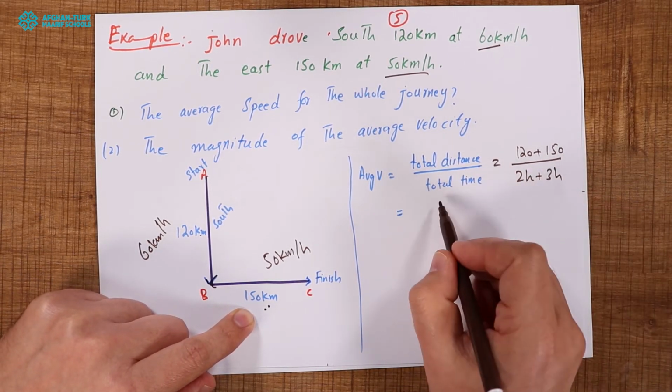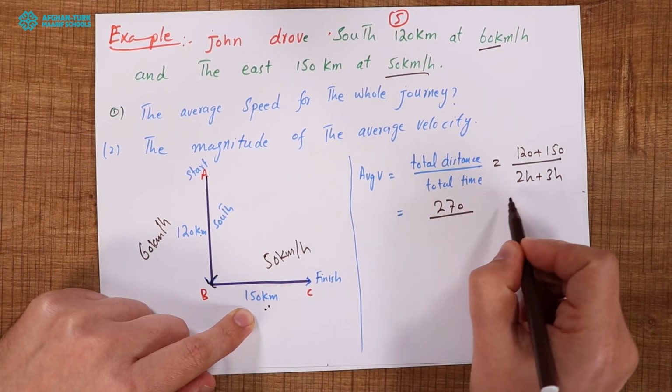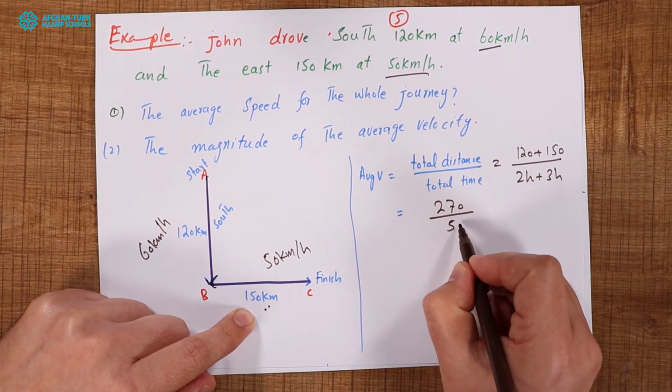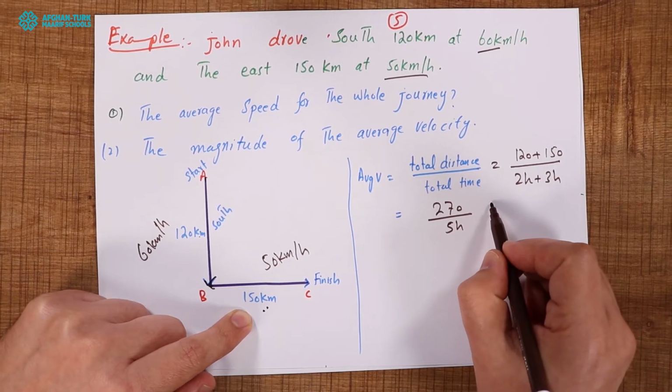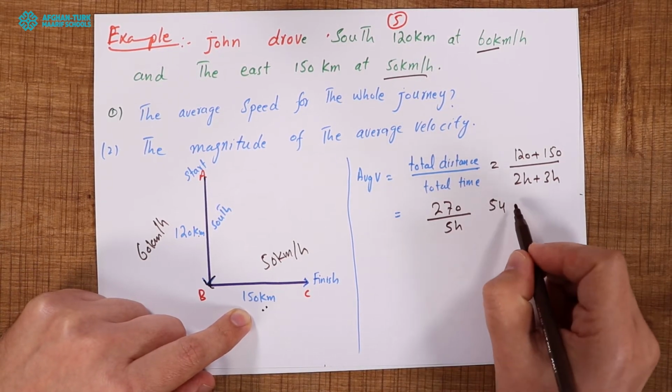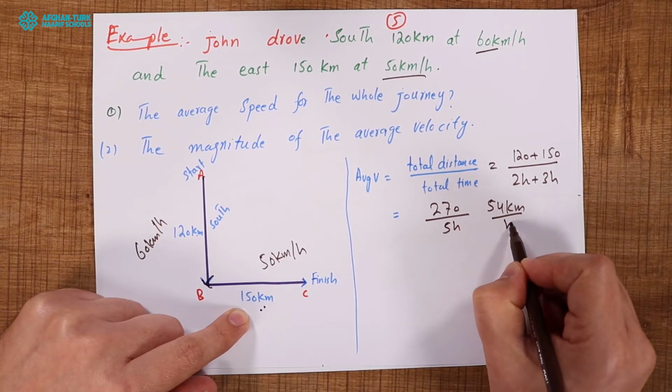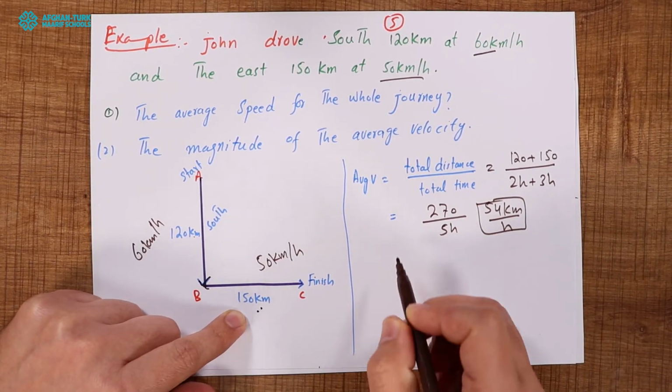So this is equal to 270 divided by 5 hours. So the answer is 54 kilometers per hour. This is the answer for average speed.